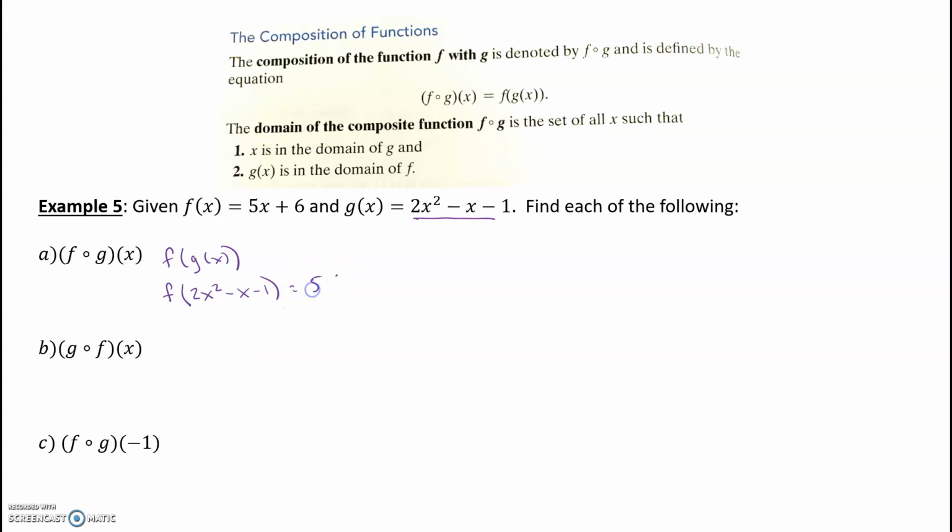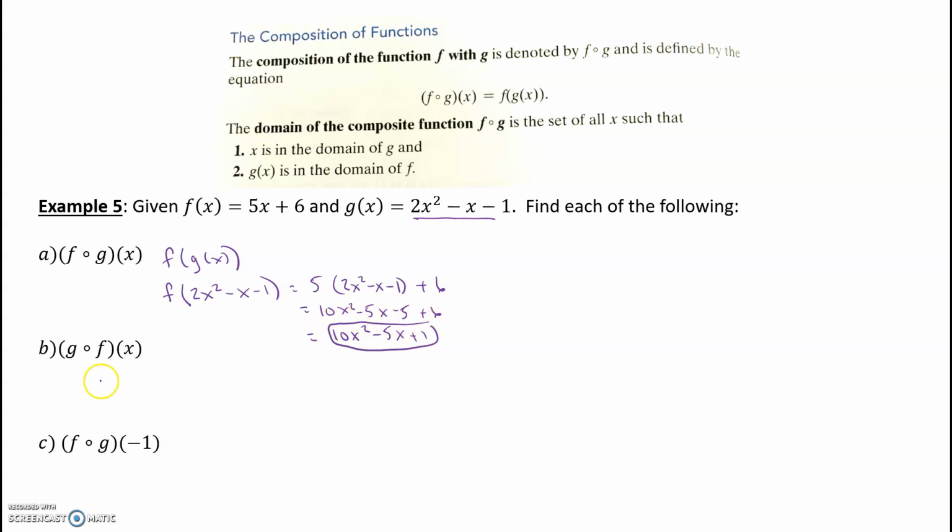So we've got 5 times something plus 6. And I'm going to plug in 2x squared minus x minus 1. Let's distribute: 10x squared minus 5x minus 5 plus 6, and combine like terms. 10x squared minus 5x and plus 1.